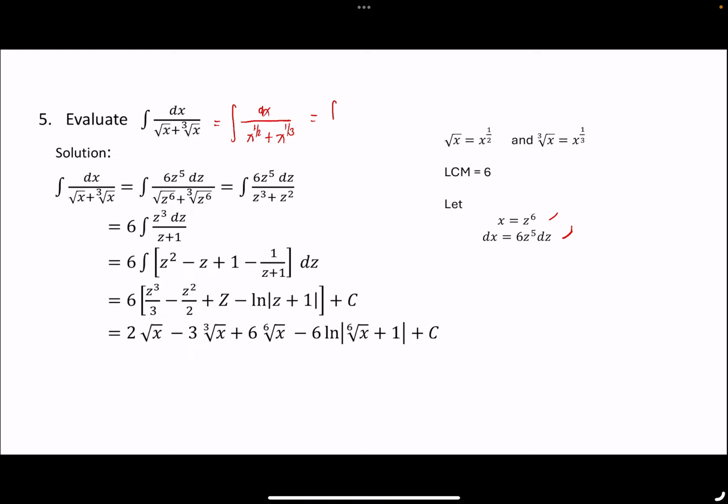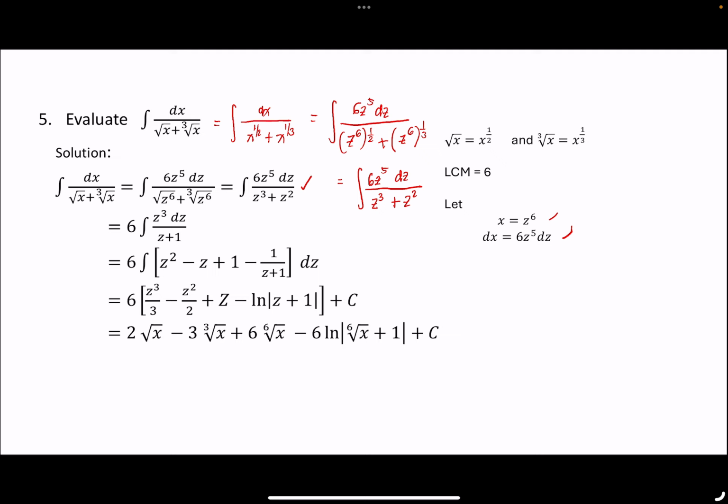So we have the integral of dx. So that would be 6z to the 5th dz all over x raised to 1/2. Your x is z raised to 6 raised to 1/2 plus z raised to 6 raised to 1/3. So we have the integral of 6z to the 5th dz over z cubed plus z squared.